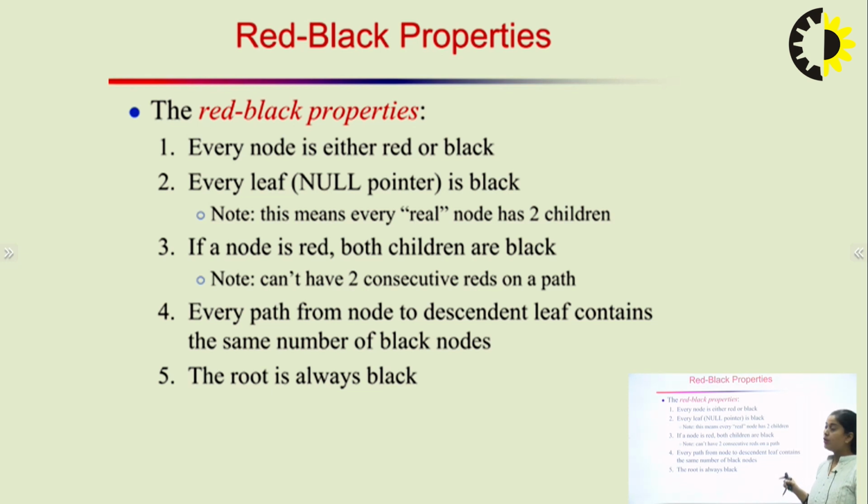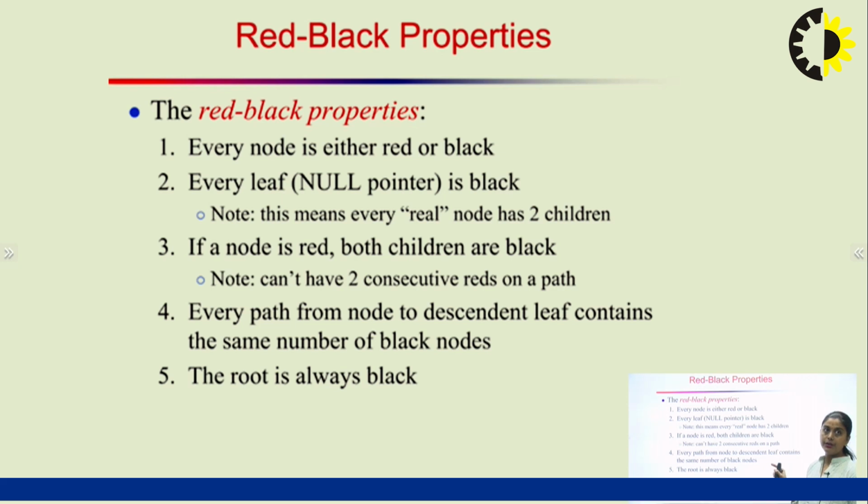So we can say no consecutive red nodes are acceptable. Property number 4, every path from a node to a descendant leaf contains the same number of black nodes. That means the black height in every path should be equal. And the last one is that the root is always black.